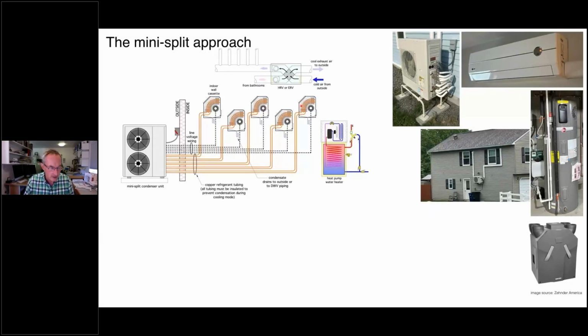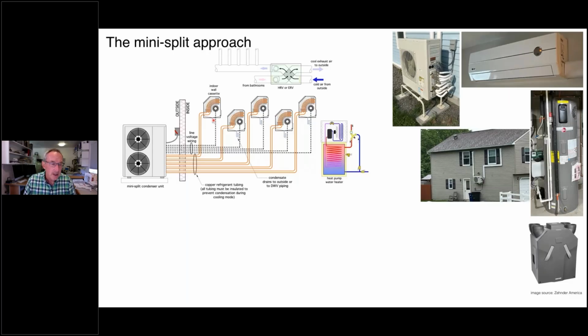It all has to be insulated, not only to minimize heat loss, but to prevent condensation when it's operating in cooling mode. You have to have wiring from each one of these indoor cassettes that goes back to, I call it the mothership outside, the outdoor condenser unit. So there has to be communication there, as well as power to run that indoor fan. You also have to have a condensate drain from each one of these indoor units.